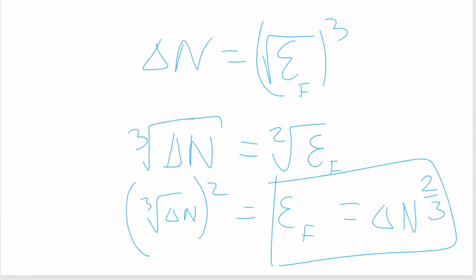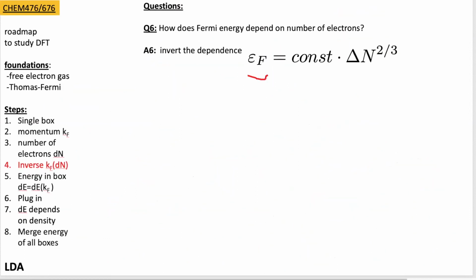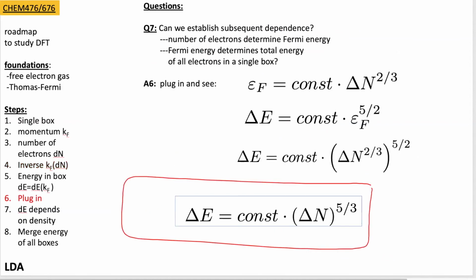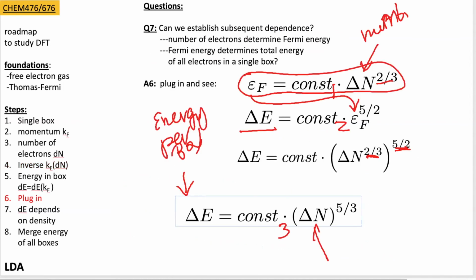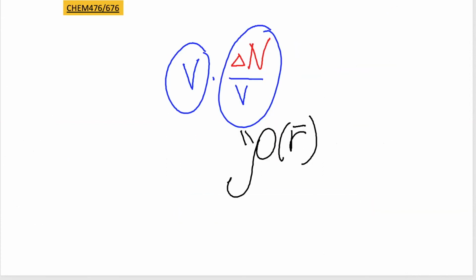So here is a little trick. If we have delta n, which is red here, and we multiply and divide it by volume, then in the circle here we will have density.